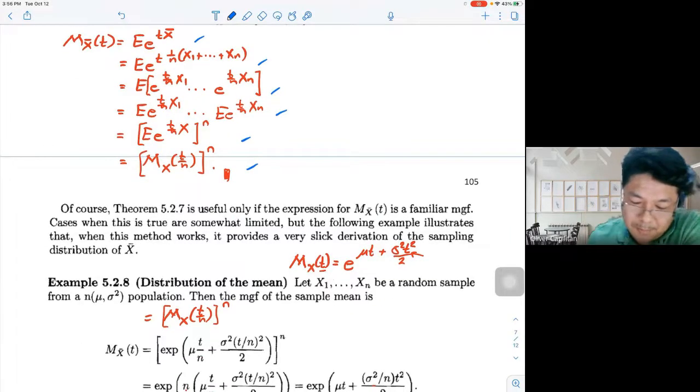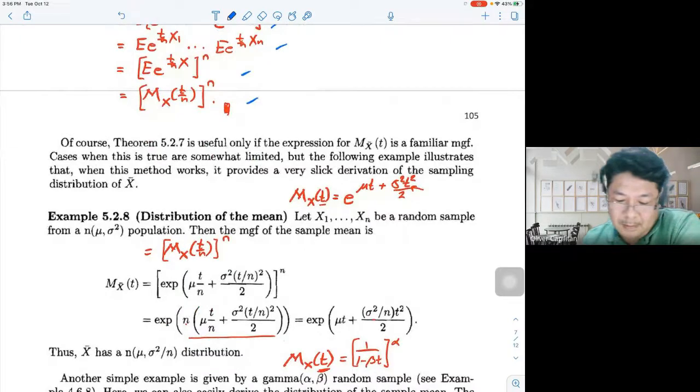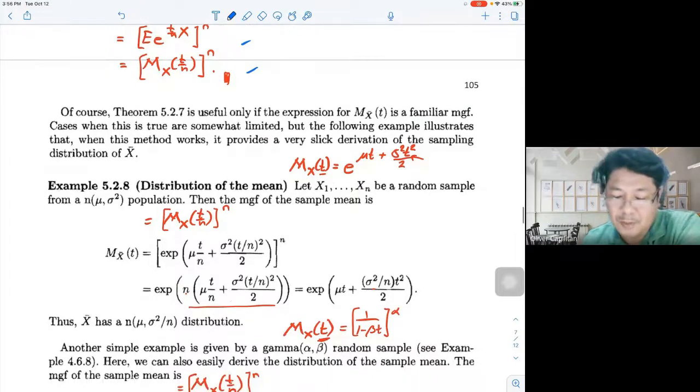Okay, so we're going to apply it now to a particular example. Say we have the distribution of the mean in which we have a random sample coming from a normal population, normal family, with parameters mean mu and variance sigma square.